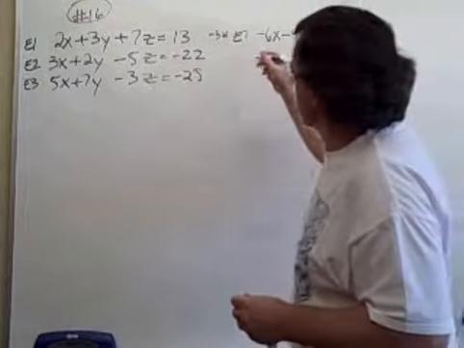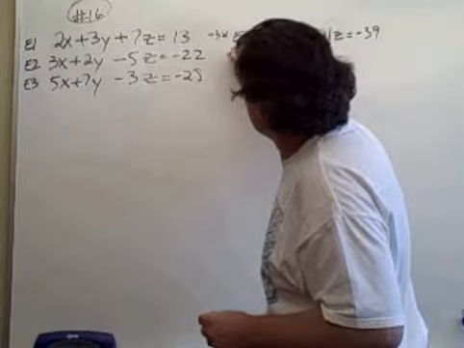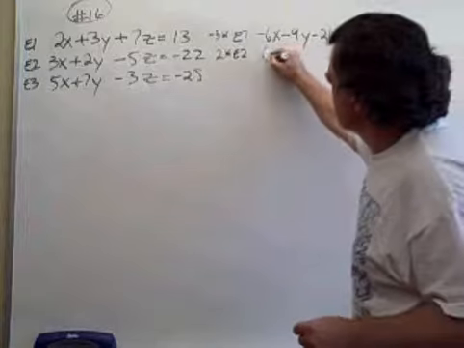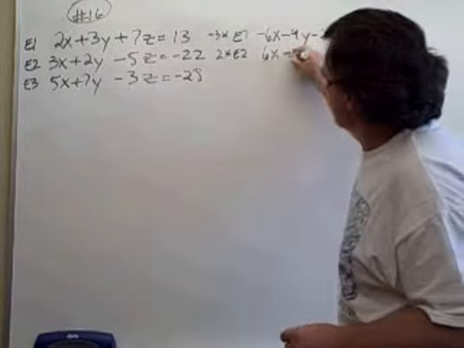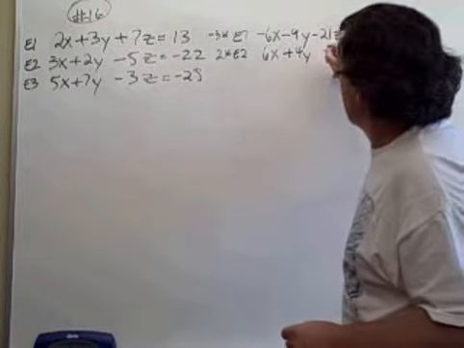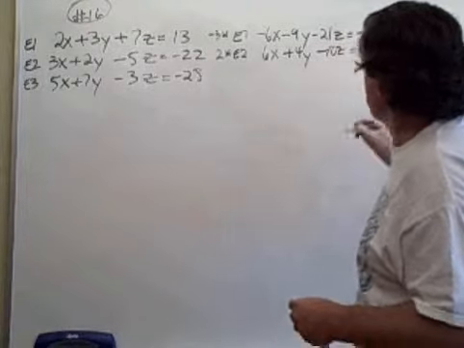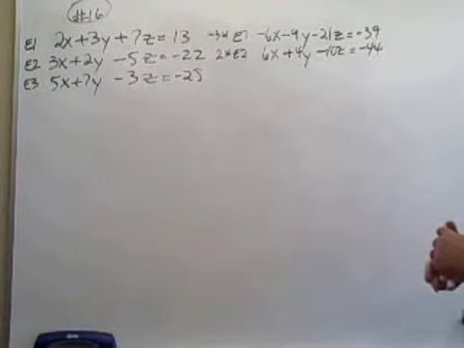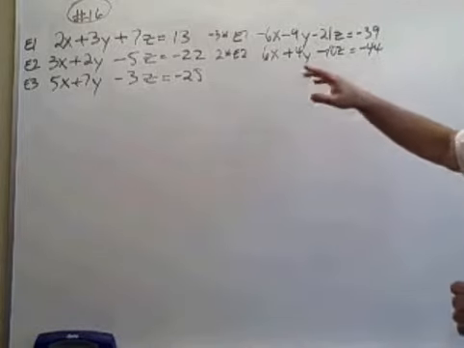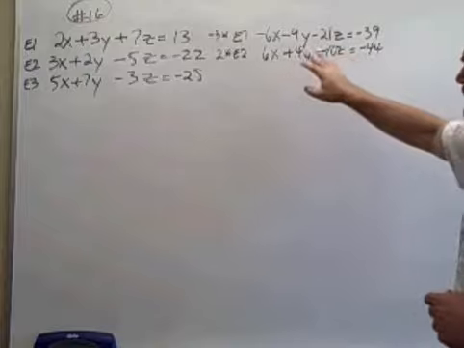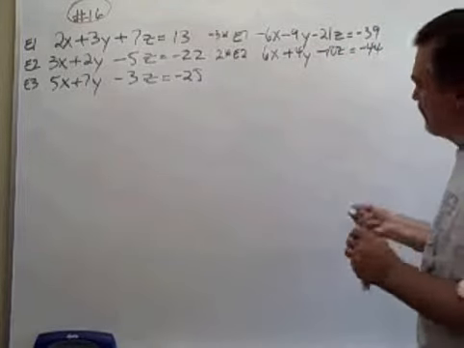Let's take equation number 2 and multiply it by 2. That will give us 6x plus 4y minus 10z equals -44 when I multiply equation 2 by 2. 2 times 3x is 6x plus 4y minus 10z equals -44.